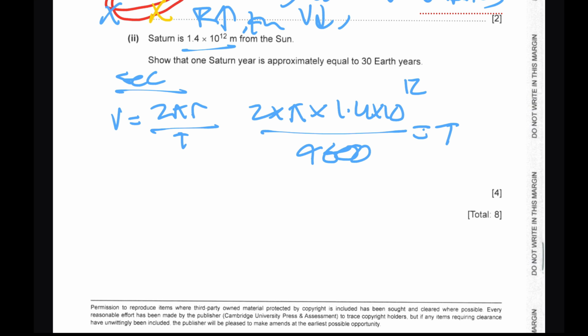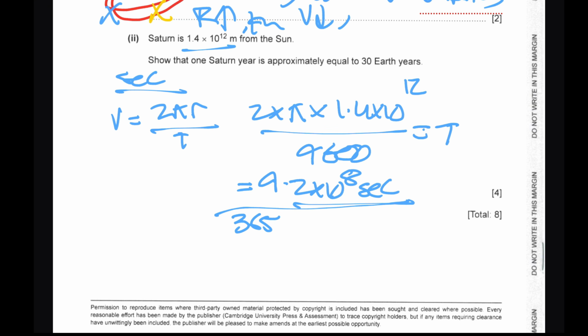This value is going to be 9.2 times 10 to the power 8 seconds. So you divide this by the number of seconds in 1 year, which is 365 times the number of hours in a day, 24, times the number of minutes in an hour, times the number of seconds in a minute.